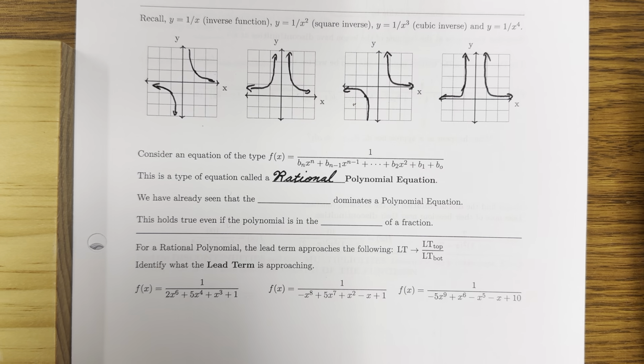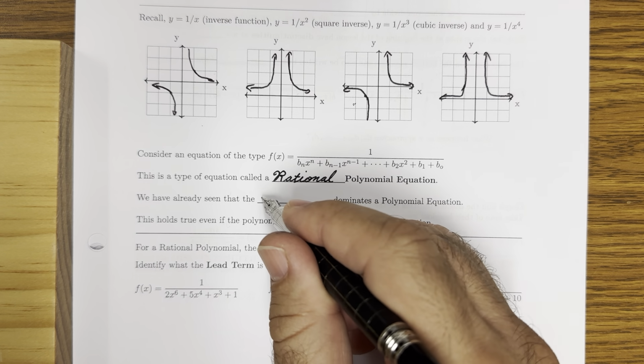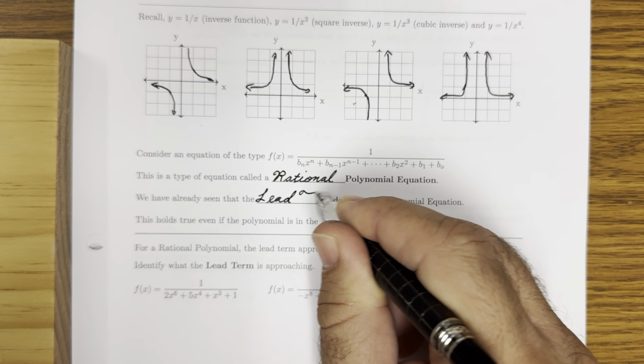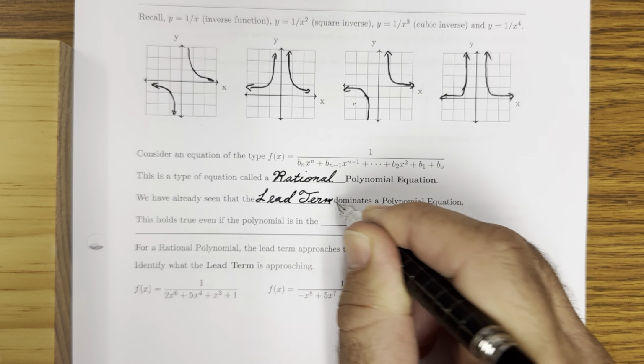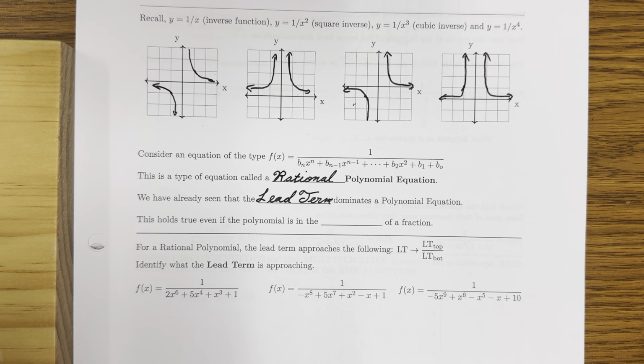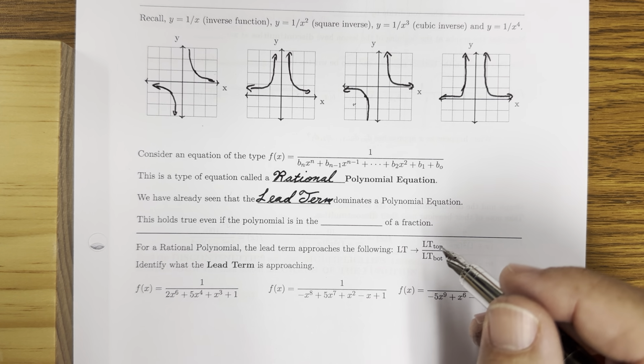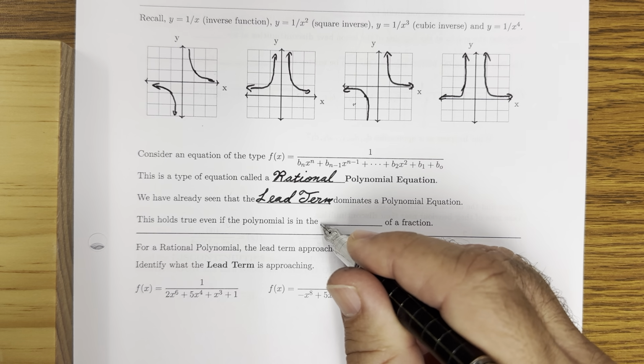Now, we have already seen that the lead term dominates a polynomial equation. And this holds true even if the polynomial is in the bottom of the fraction, which is also called the denominator of a fraction.